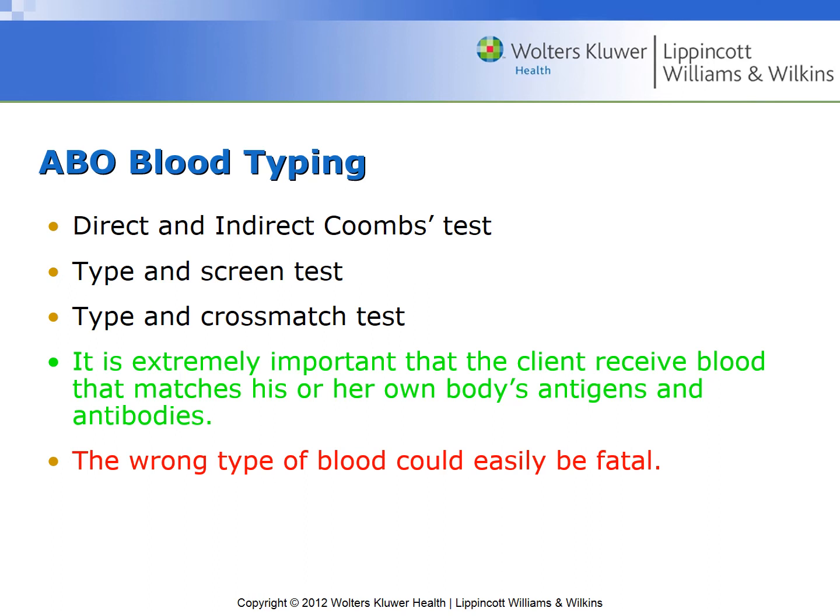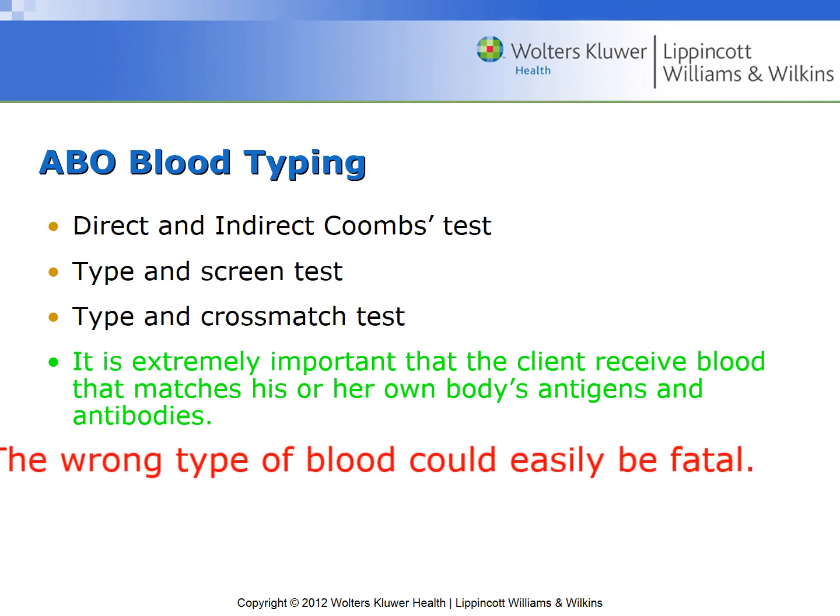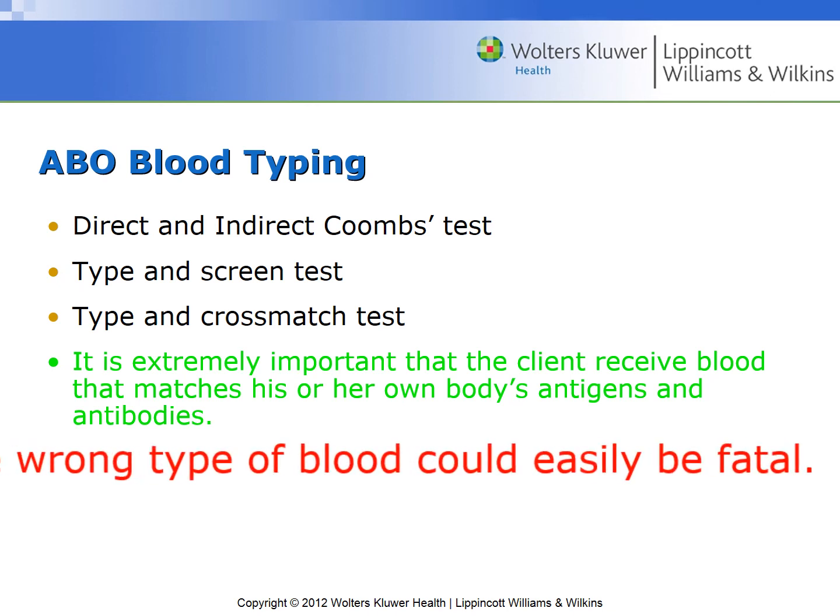You may not be initiating the blood transfusion as the PN, but that does not mean that you do not have a responsibility to your patient, when you're monitoring the blood transfusion, or when you are observing or assisting the RN in initiating that blood transfusion, to make sure that everything is correct. Just a wrong type of blood could easily be fatal.